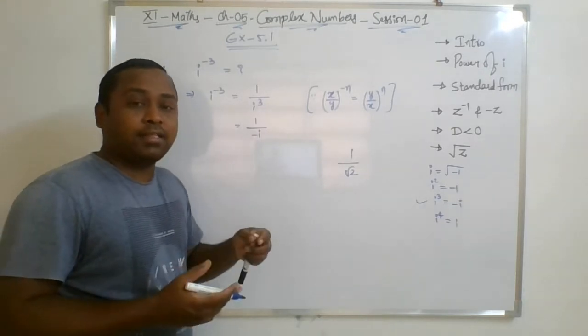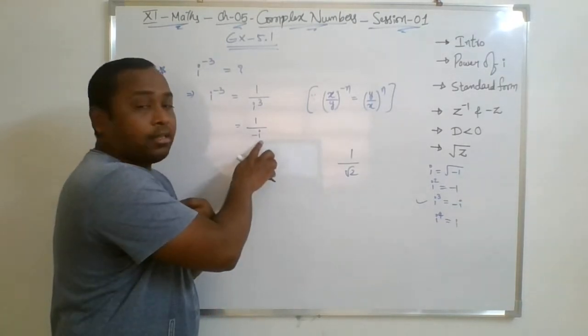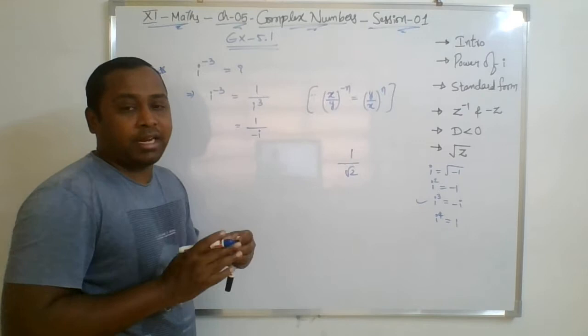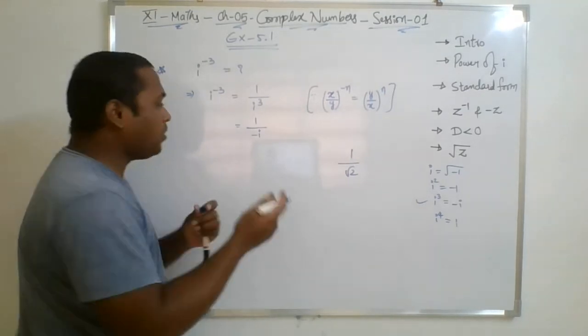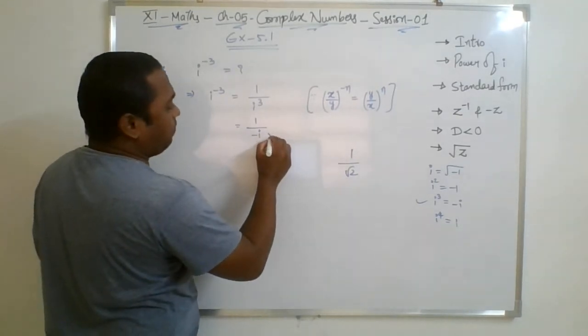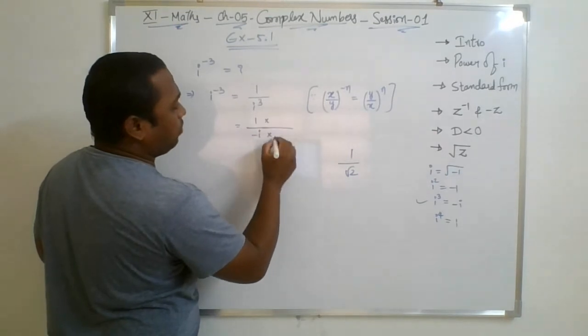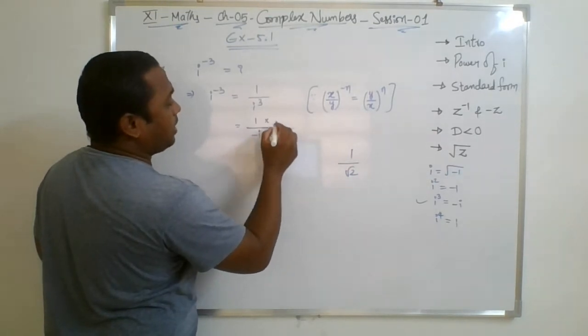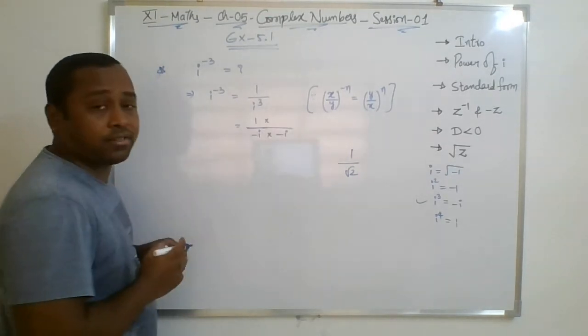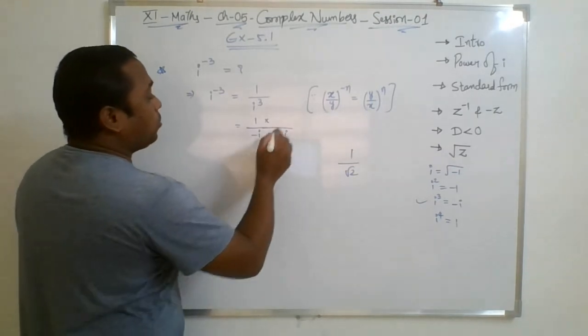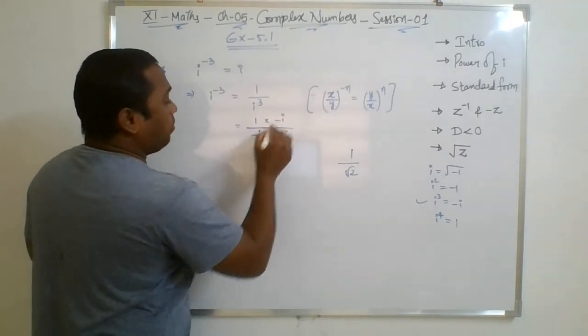So rationalization किससे करेंगे? If it is minus I, then do with that minus I only. Just go with that. So if I do the rationalization of this, so minus I से अगर हम या plus I से भी कर सकते हो, that's up to you. So minus I से मैं कर रहा हूँ, चलिए.